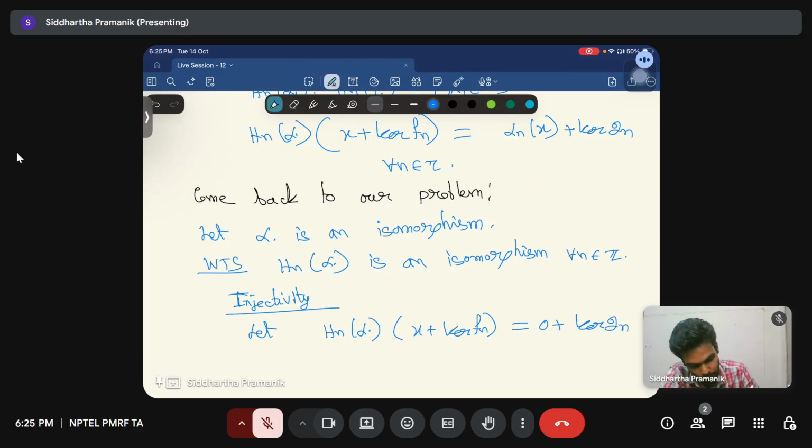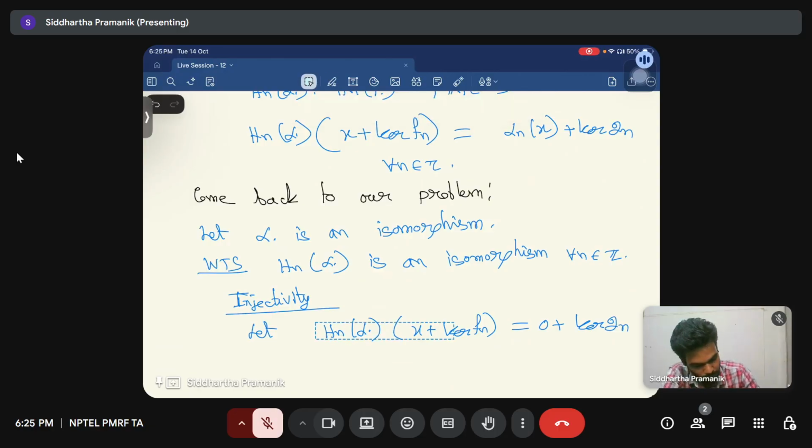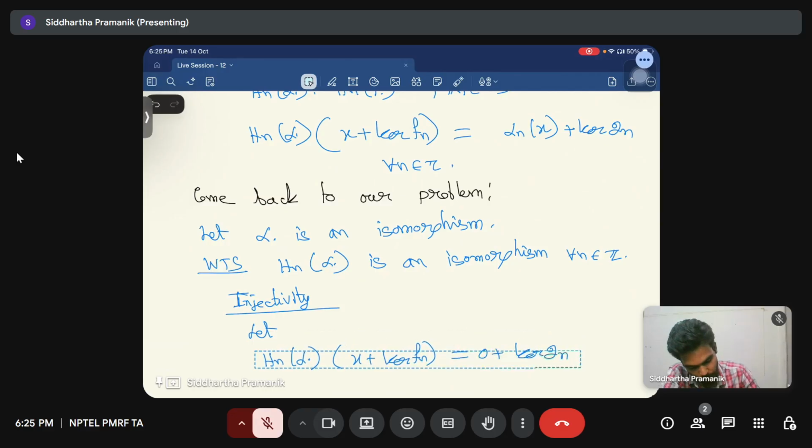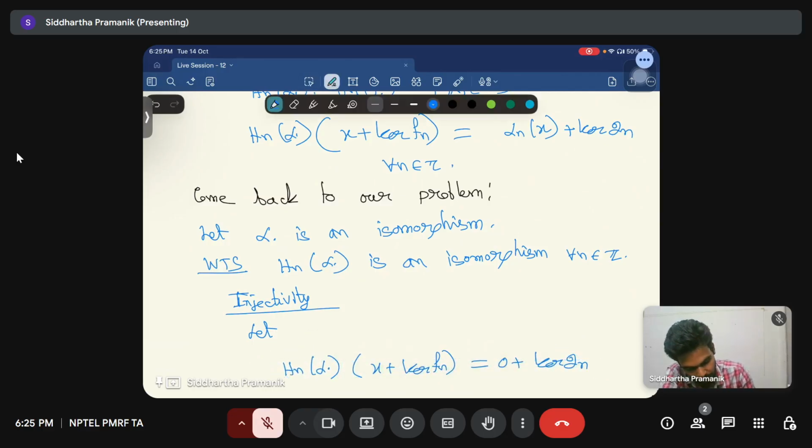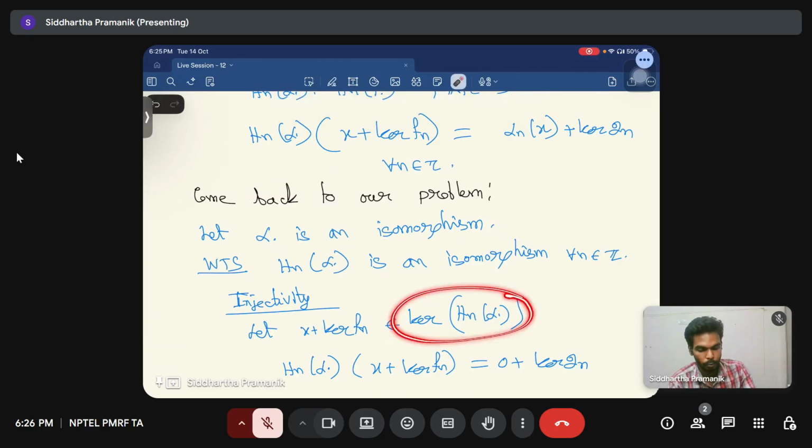So I should write one more step: let x plus kernel of fn belong to kernel of hn of alpha dot. So we are taking an element from the kernel of this map. So we need to prove that this element is 0 so that this map becomes injective.